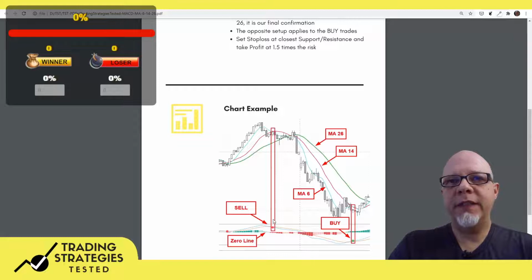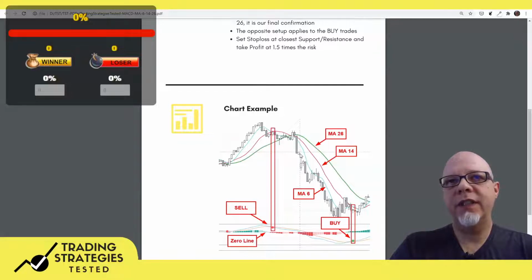And the rules basically state that for a sell, we are looking for the same setup as previously. We have a cross from the MACD below the signal line, and they both must be above the zero line. And then in addition to that, we're looking for a cross between the 6 and the 14 moving averages.